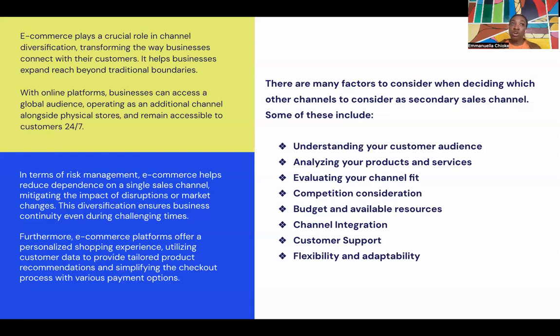Whereas with e-commerce enabling sales diversification, your online sales channels become accessible to them at any time of the day, whether it's 2 a.m., whether it's 9 p.m. at night, whether it's 6 in the morning. They can always go on your website and place an order. You can always go on your Instagram and place an order. You can always do the same thing on WhatsApp Business.